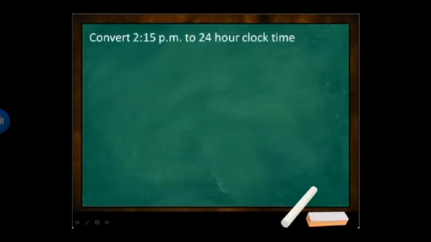Now first you have to convert 2:15 p.m. to 24 hour clock timing. Okay, so 2:15 plus 12 hours, when you add them, you will get 14:15 hours.